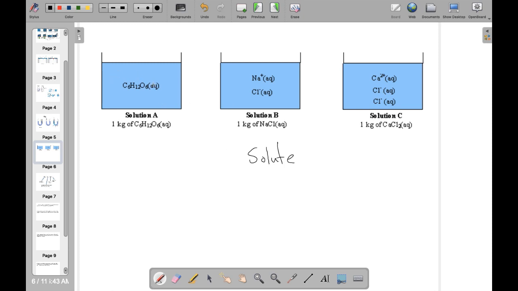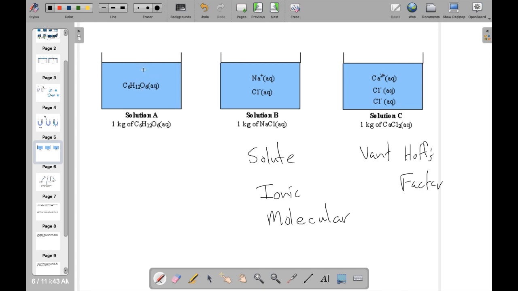Okay, here's the thing. It matters if it's an ionic compound or a molecular compound that you're adding. Why? It's called Van't Hoff's factor. This is going to be in the equation we're going to use eventually. So this is sugar. This is molecular.